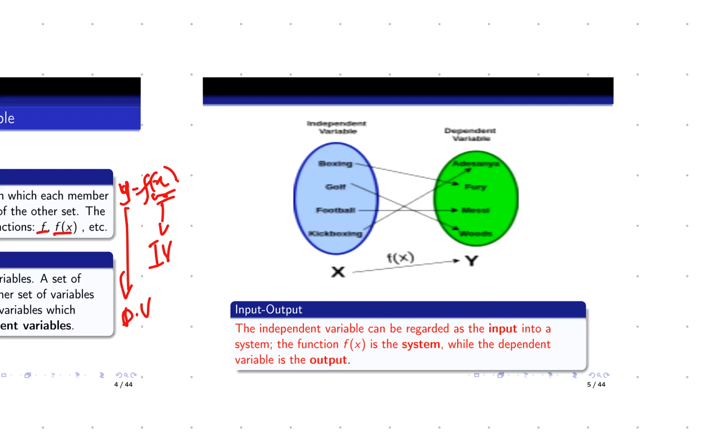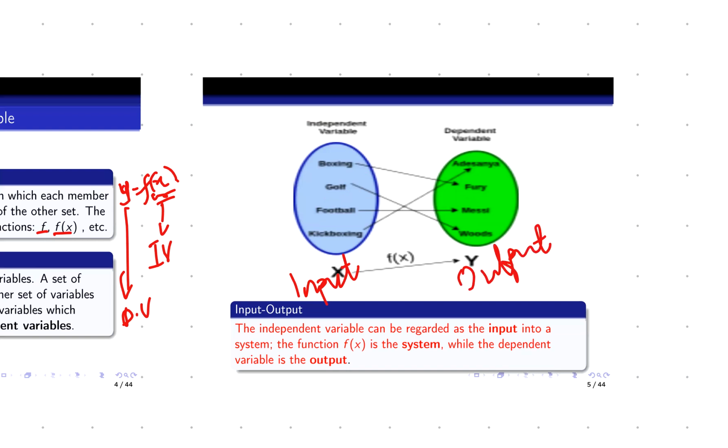So a function is more like an input and output kind of thing. The independent variable can be regarded as input. The sport is the input, and the outputs are the champions from that sport, right? So the function f of x is the system, while the dependent variable is the output.